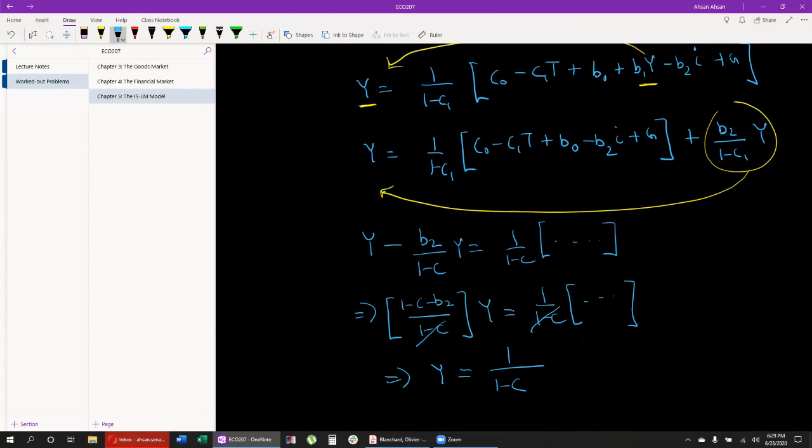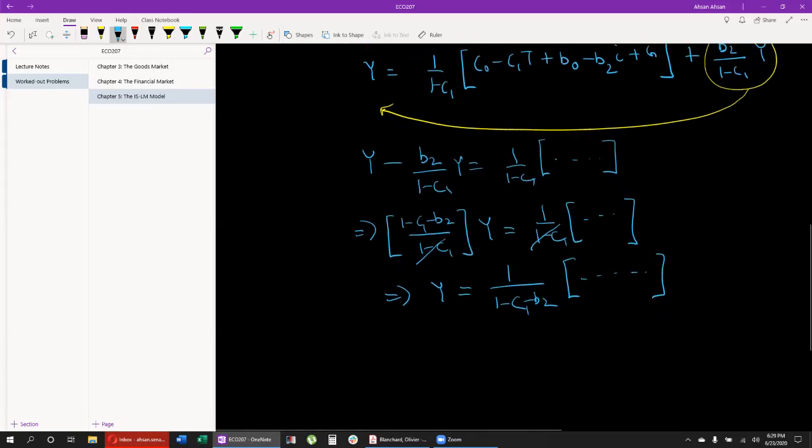Was it just c? This was c1. Sorry, c1 minus b2. That's whatever we had inside there. And so once again, this is the multiplier, and this is the autonomous case.